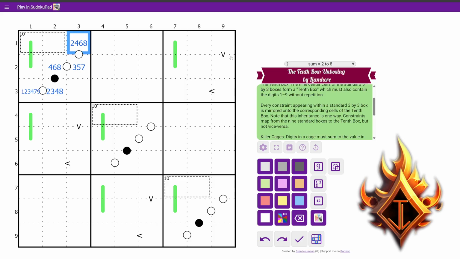That can be quite a lot. But it's going to give a 4, 6, 8 triple, so to speak, because these are all central boxes.